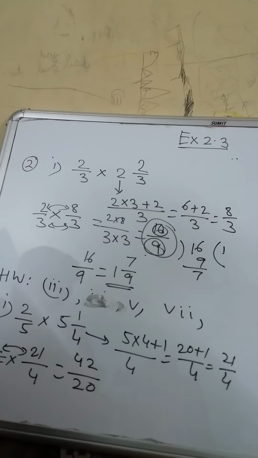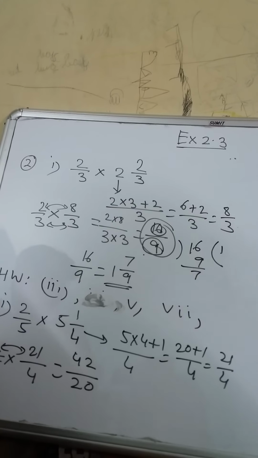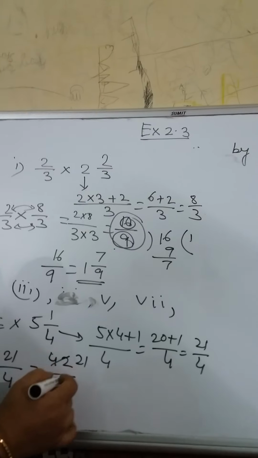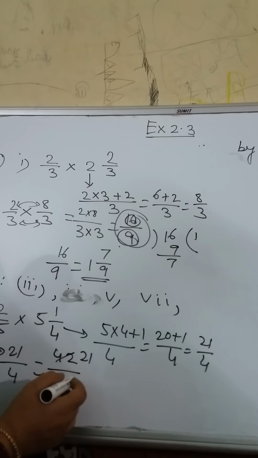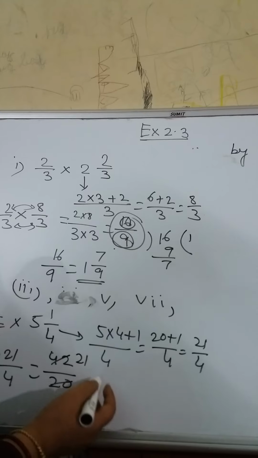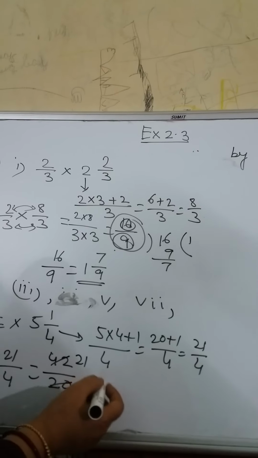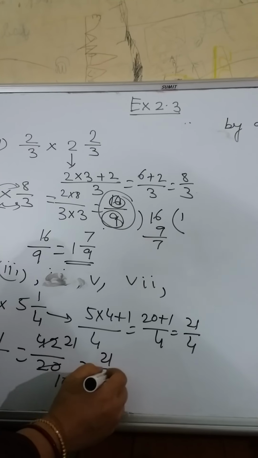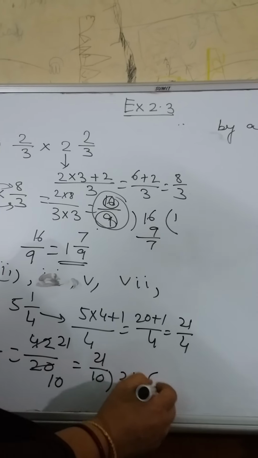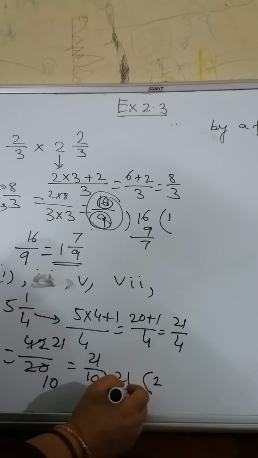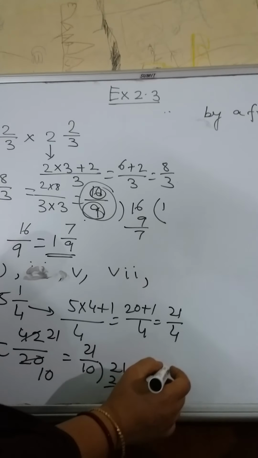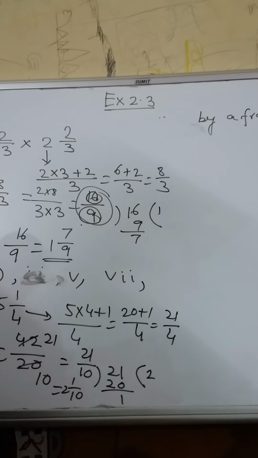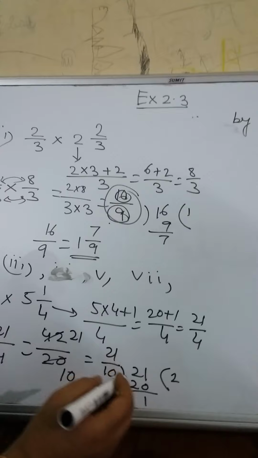It is not asked to reduce to its lowest form, but it's your choice. So it is 21/10. Next, you can convert it into a mixed fraction, so it will be 2 whole 1/10.